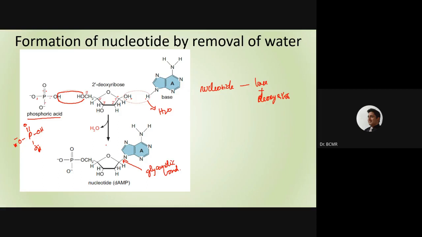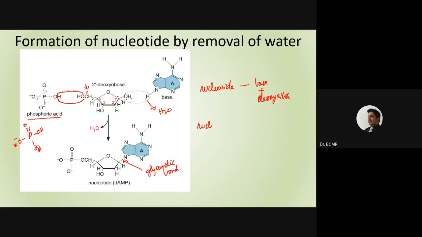Okay, so the phosphate group is added on the 5' carbon of deoxyribose. The glycosidic bond is formed on the 1' carbon, right? This is the glycosidic bond.